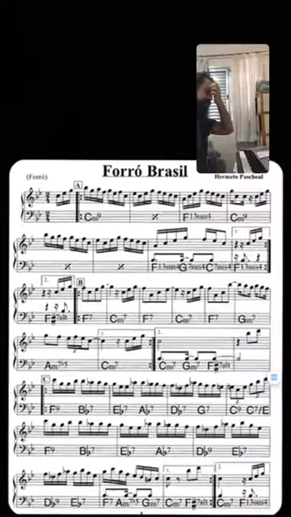Right, about the eighth note with accent on the upbeat.